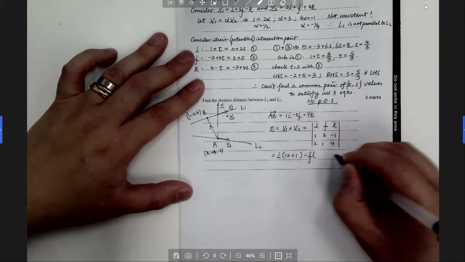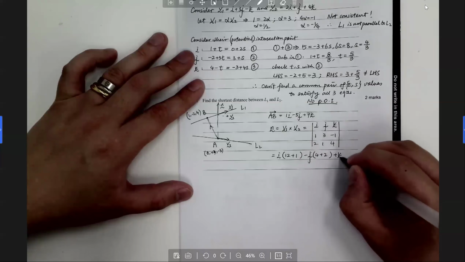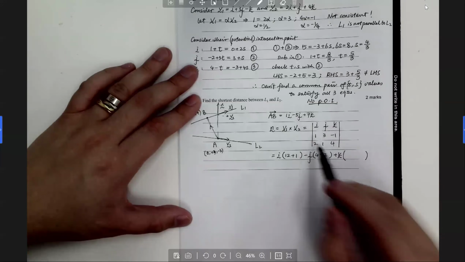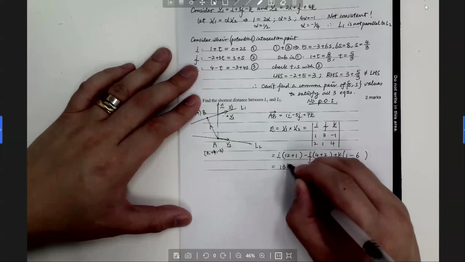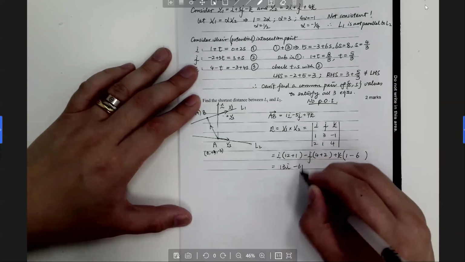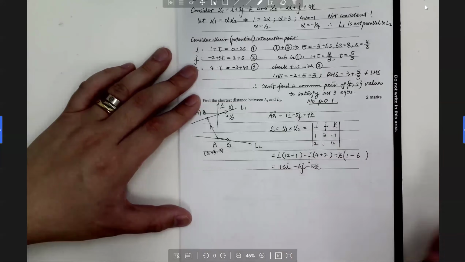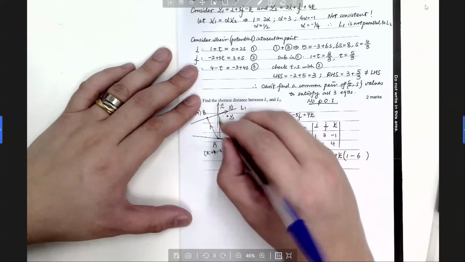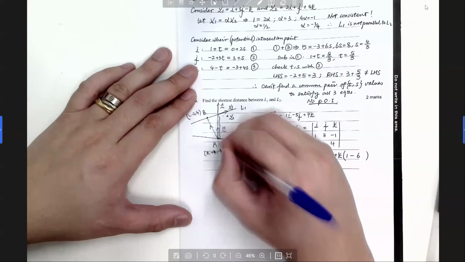Subtracting j, 1 times 4, 4, take away negative 2, plus 2. k, 1, take away 6. So eventually I should be able to get 13i minus 6j and then minus 5k. And the shortest distance here, we want to take a scalar resolute of AB upon n hat, okay?